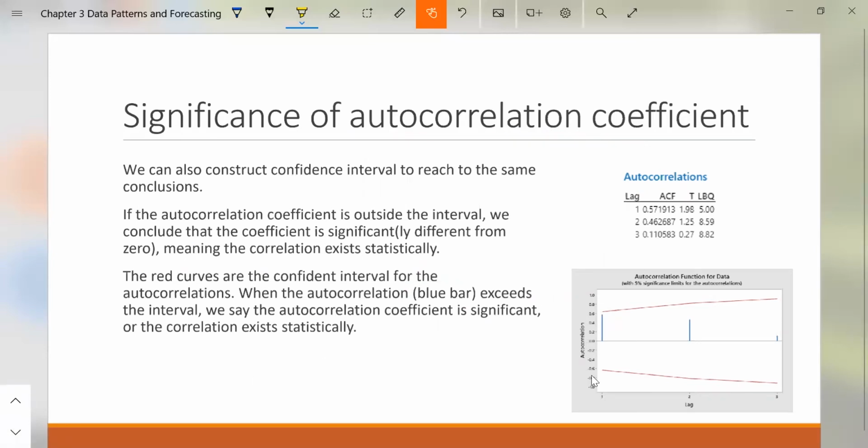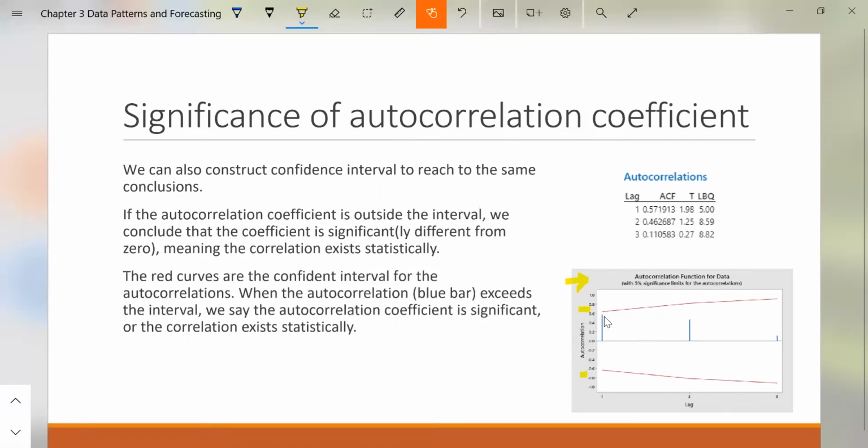In the output from Minitab, if you look at the graph right here, you do notice that there are 2 red lines, one on the top and one at the bottom. Those 2 red curves or lines are actually the confidence interval for the autocorrelation coefficient.